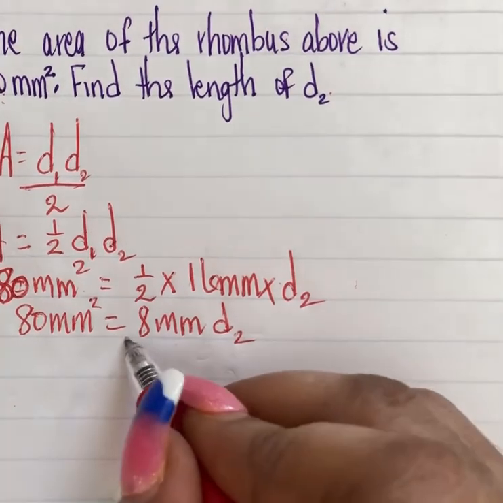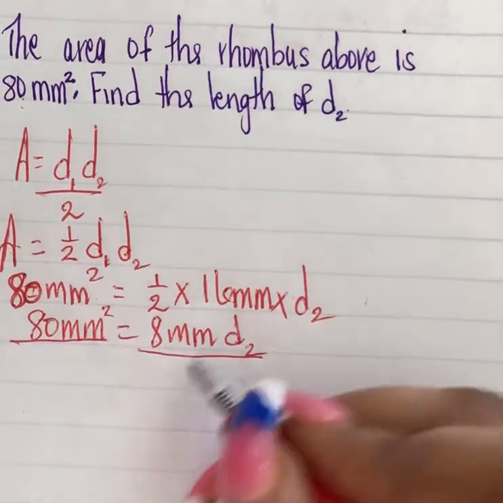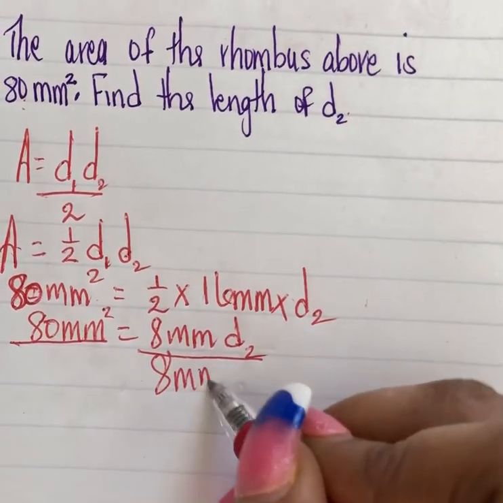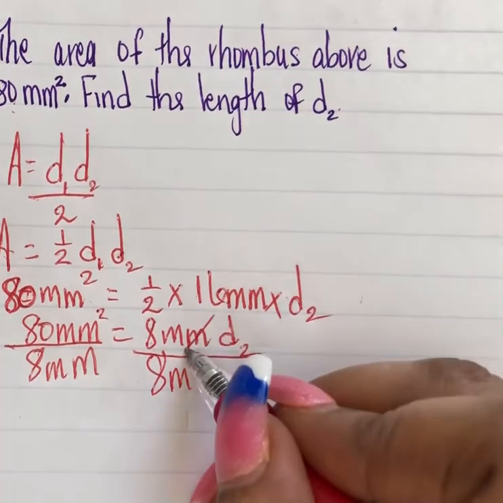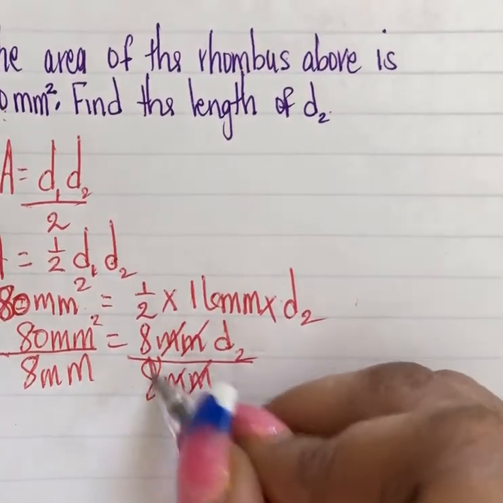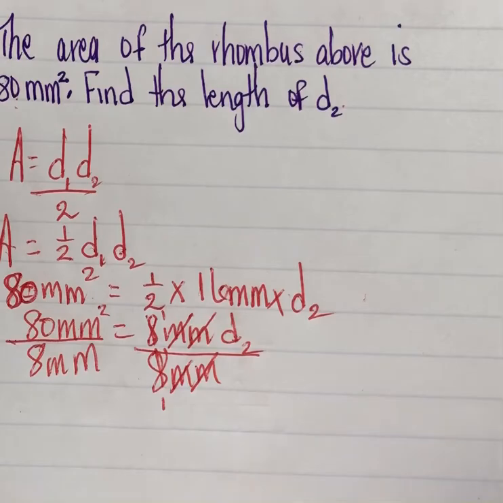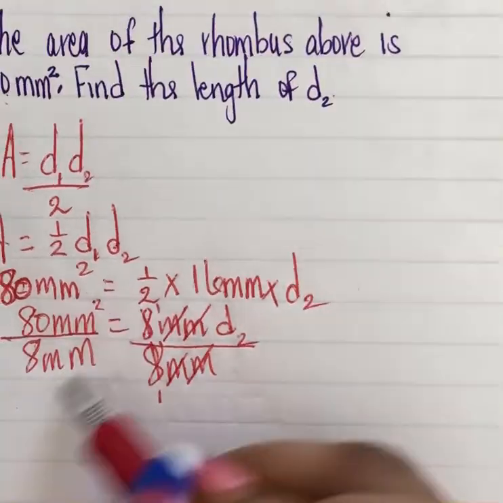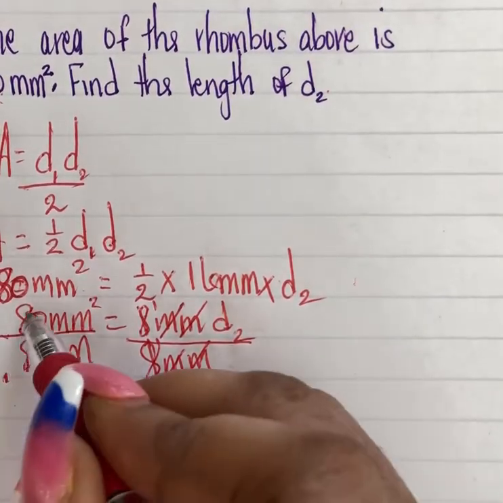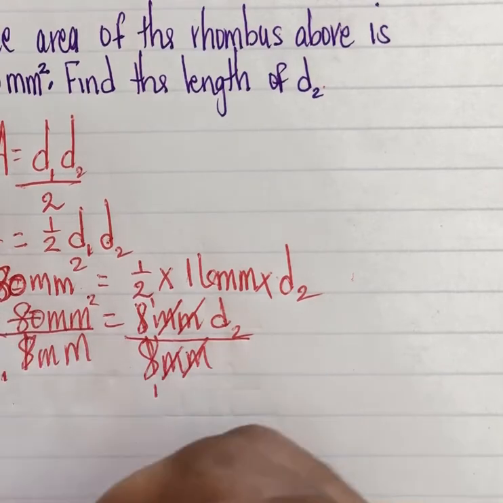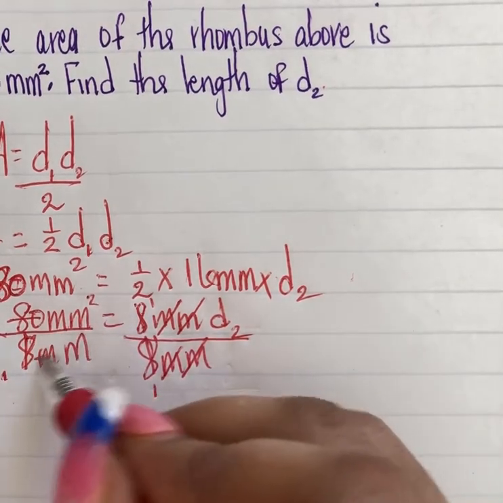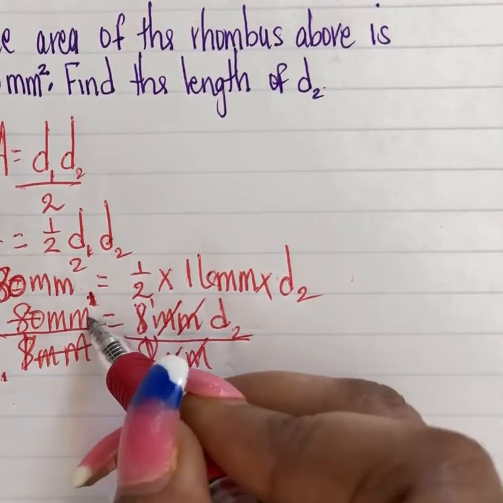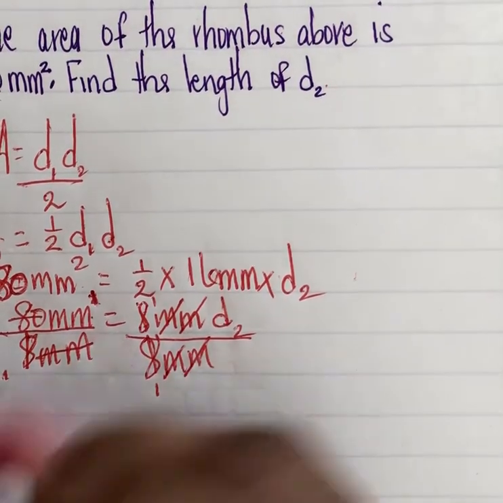And the logical way to remove 8 mm is to divide both sides by 8 mm. M goes with M. 8 into itself is 1. Let us look over here. 8 into itself is 1. 8 goes into 80 exactly 8 times. MM will go with the square, so we'll have MM remaining.